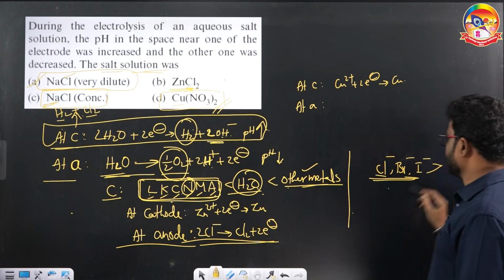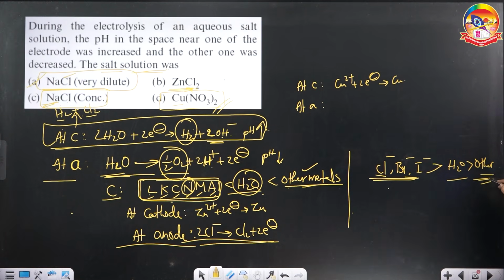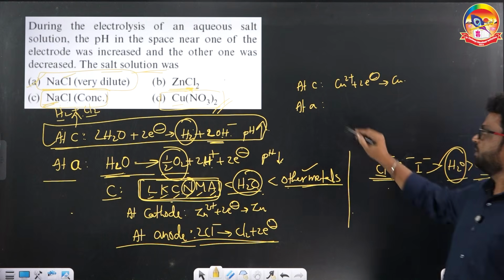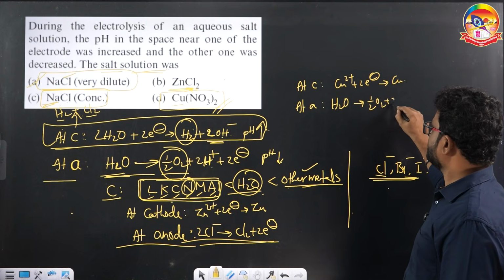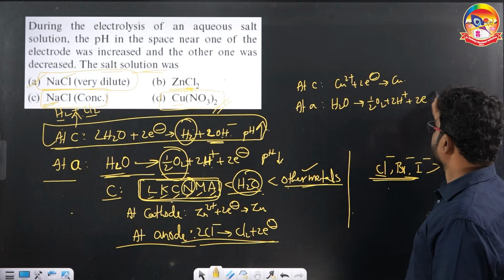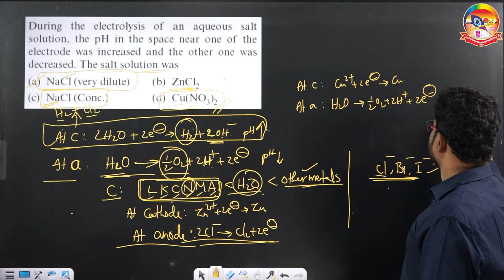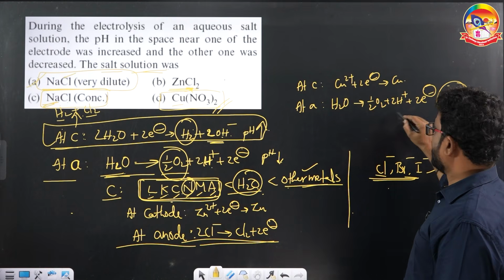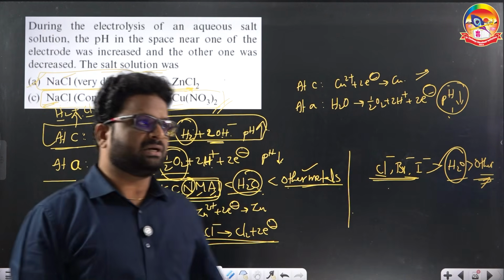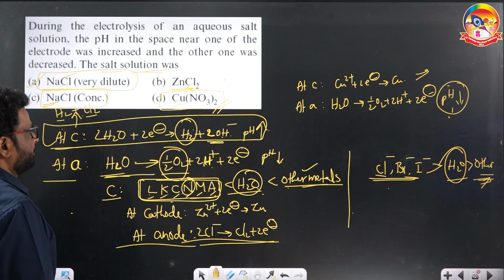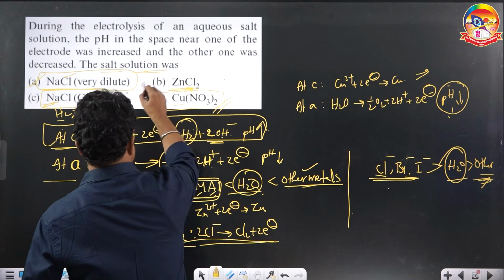When other ions like nitrate are present, water undergoes oxidation easily: H2O gives rise to half O2 plus 2H+ plus 2 electrons. That means pH decreases at the anode, and there is no change in pH at the cathode. So that is also not the correct option. The final answer will be the first option.